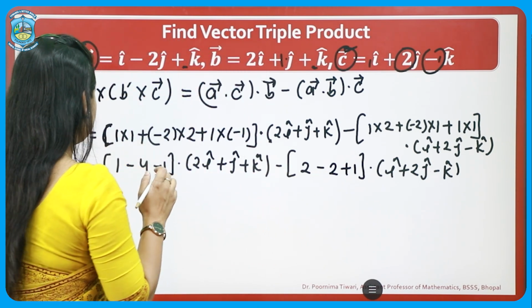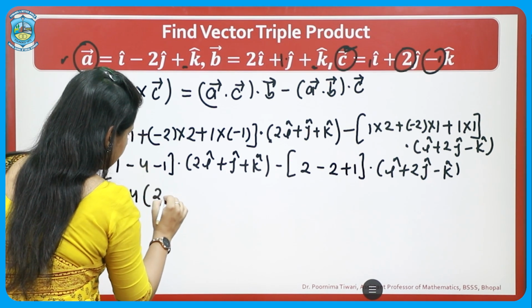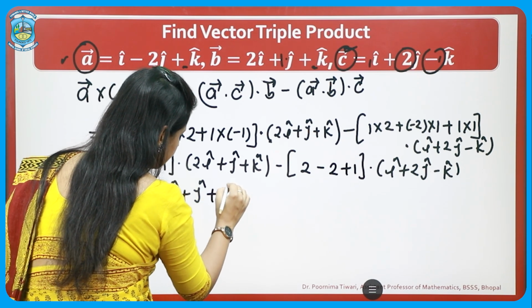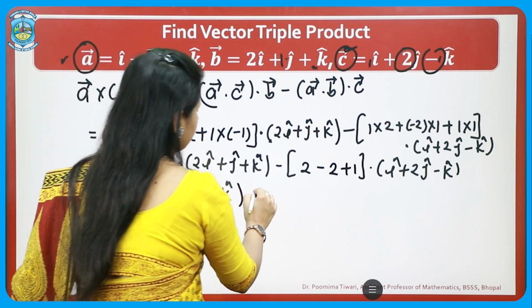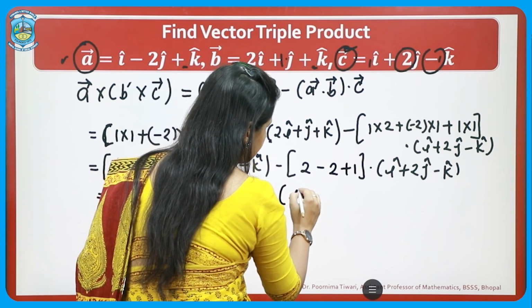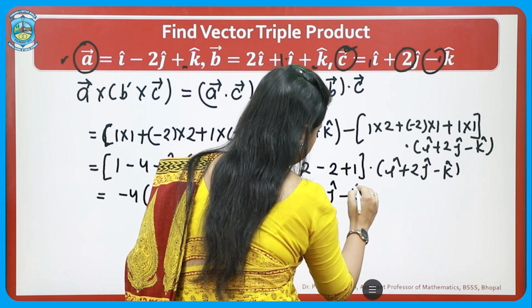Now, this value is minus 4 multiplied by 2i cap plus j cap plus k cap, minus, this value is 1 multiplied by i cap plus 2j cap minus k cap.